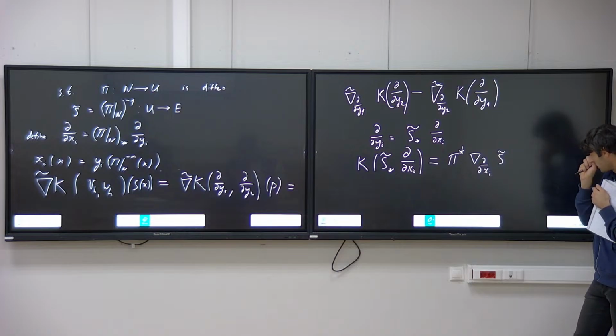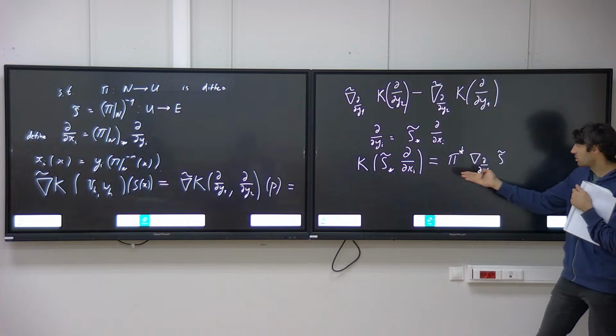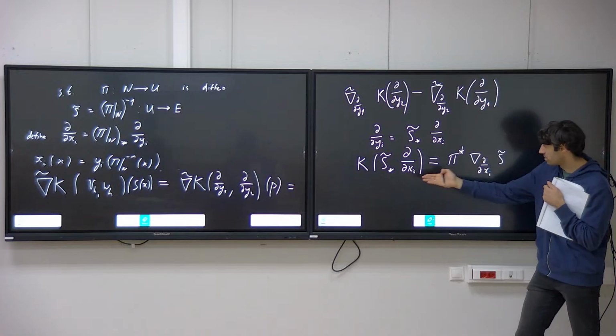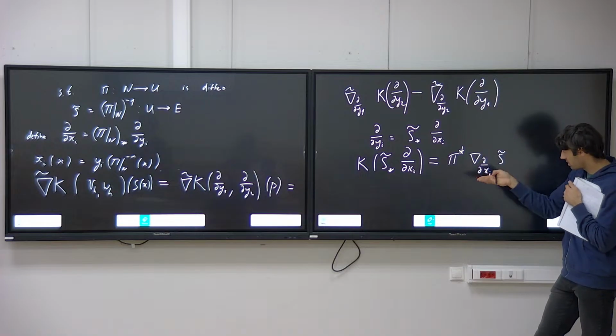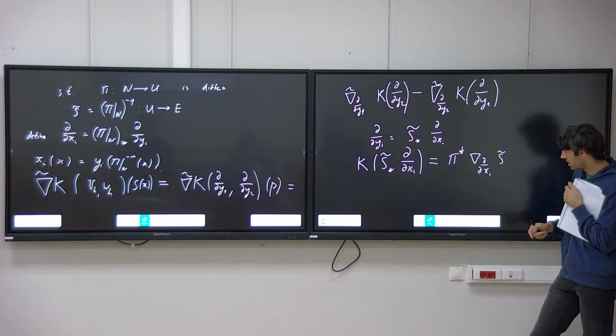And then I need to apply, but this will still be in different vector spaces, so to identify them I need pi star here.